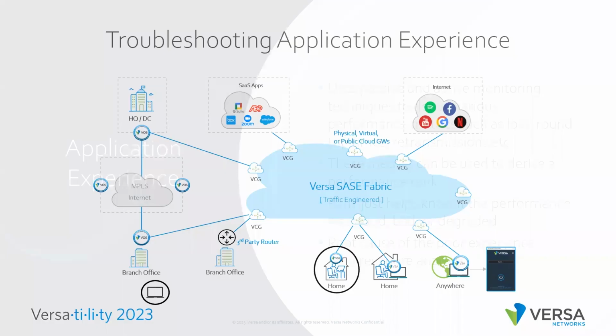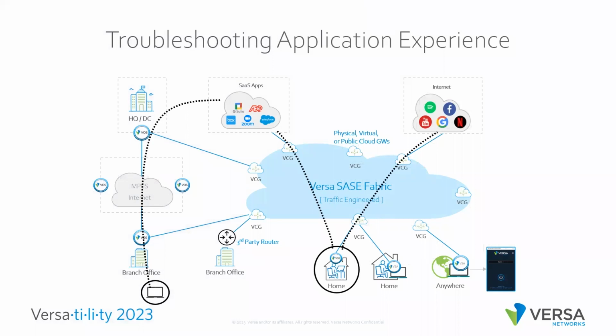So now let's consider again the SASE network where the user may be coming from behind the branch or from his home or from anywhere. So he might be accessing some SaaS application or some public applications. So the problem could be anywhere here.